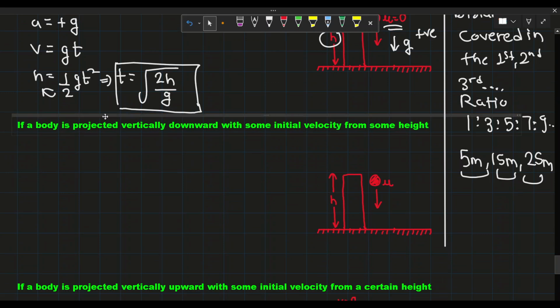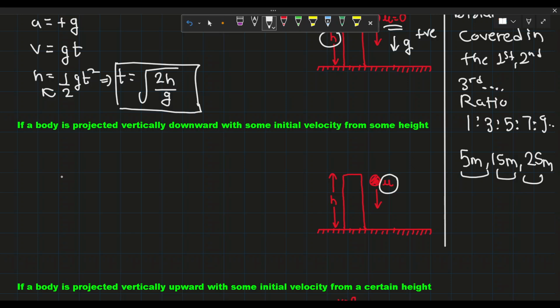Moving on, if a body is projected vertically downwards with some initial velocity from some height. In the case before this, we saw that a body was dropped, so the initial velocity was 0. But in this case, you're projecting it vertically downwards, so you're providing some initial velocity to it.